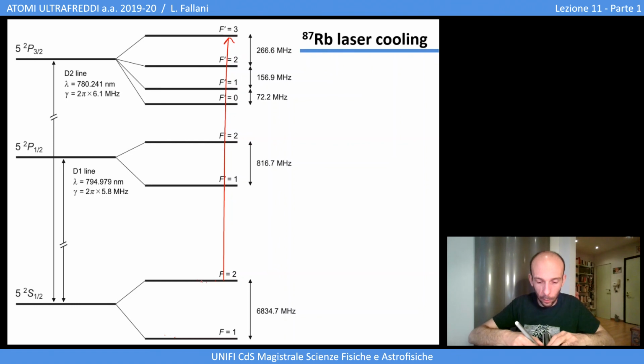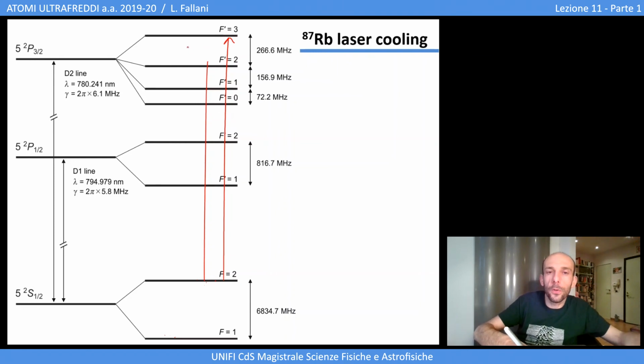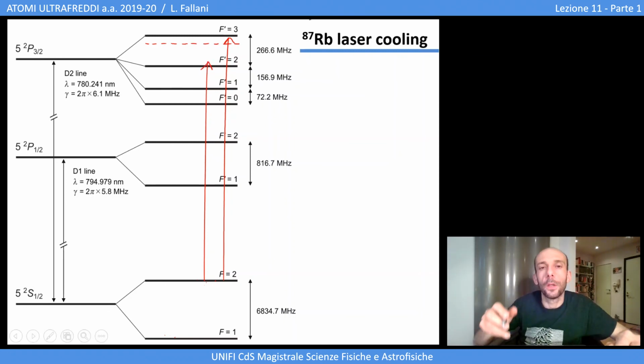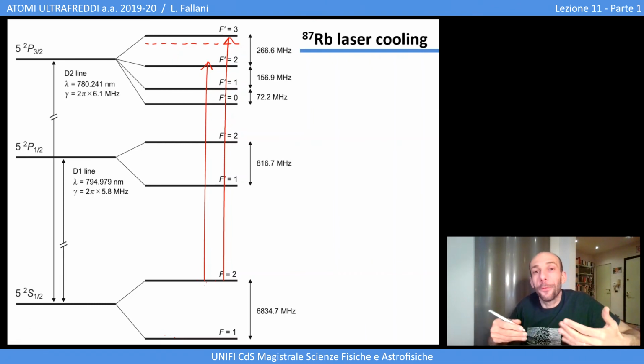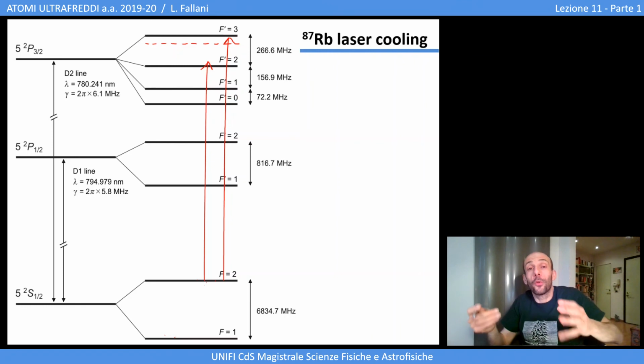So this is the closest state that is coupled to the ground state that will be excited, of course, in a non-resonant way, because your laser will be somewhere here. I've drawn this dashed line because we know, of course, that if you want to perform laser cooling, you need to have red detuning.